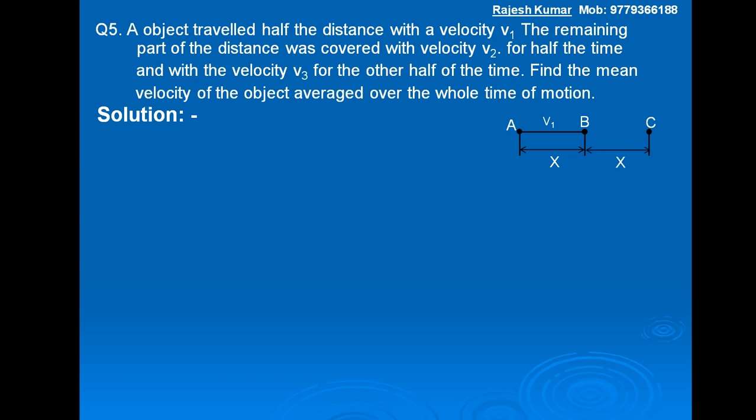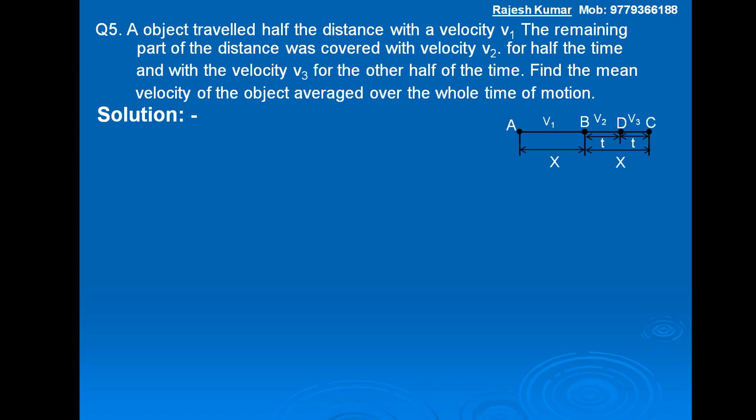For half the time t, the velocity of the object is v2, and for the other half time t, the velocity of the object is v3. We have to find the average velocity over the whole time of motion.